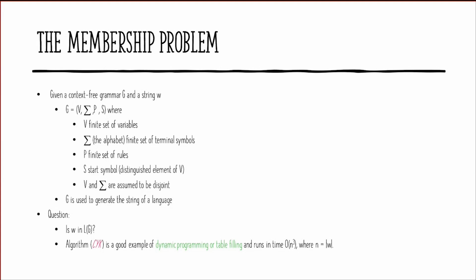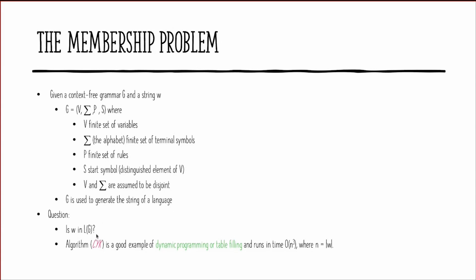So what is the membership problem? The membership problem is: you have been given one string W, and you have to test whether this string belongs to the language of this grammar, that is represented using L of G.